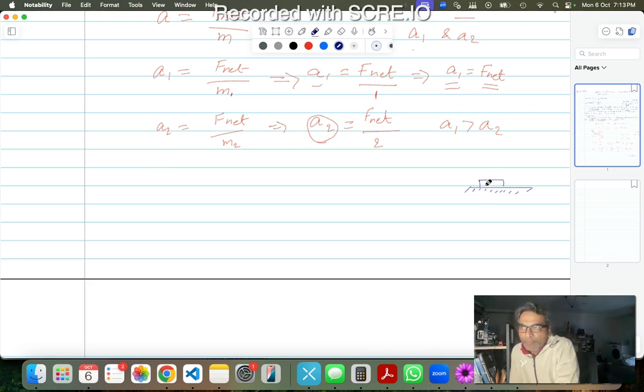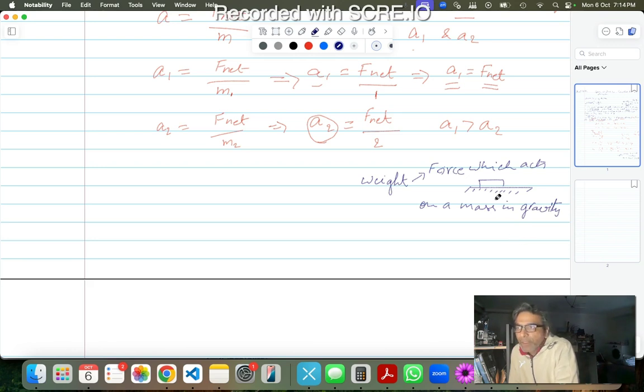Block of, let's say, so when I'm saying weight, weight is the force which acts on a mass in gravity.